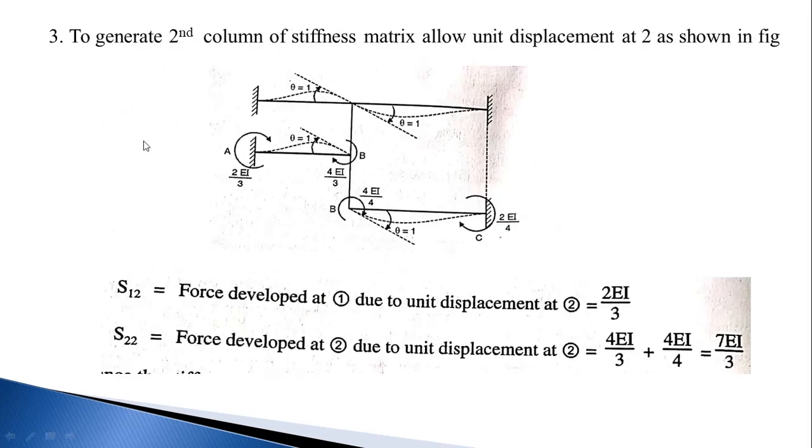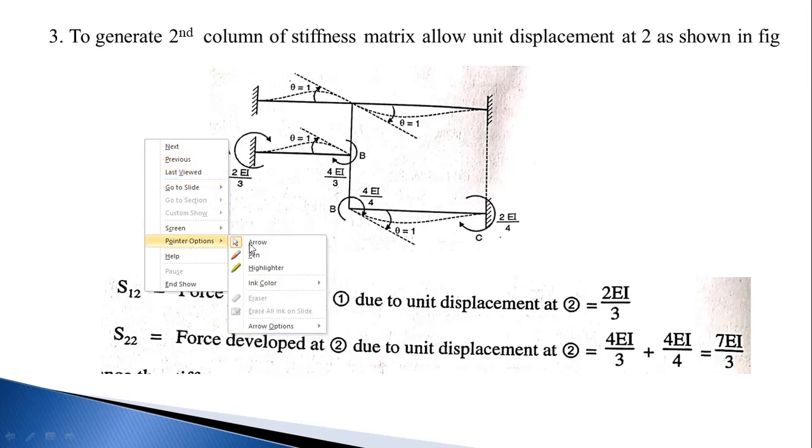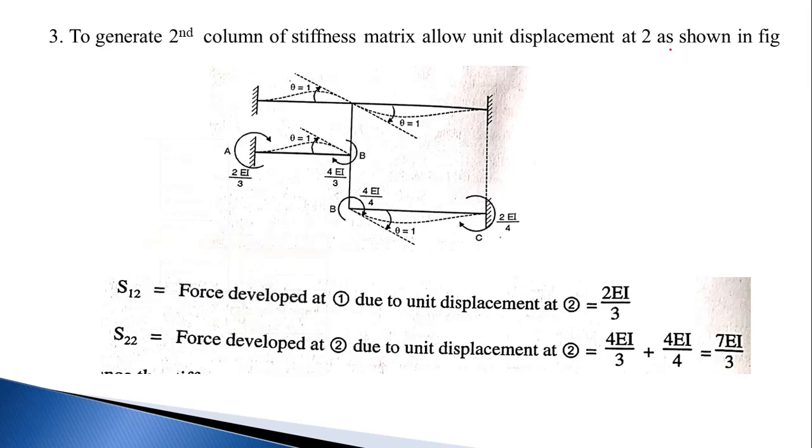Second, to generate the second column of the stiffness matrix, allow unit displacement at 2 as shown in figure. So apply a rotational displacement, that is theta is equal to 1. Separate this AB and this BC part.